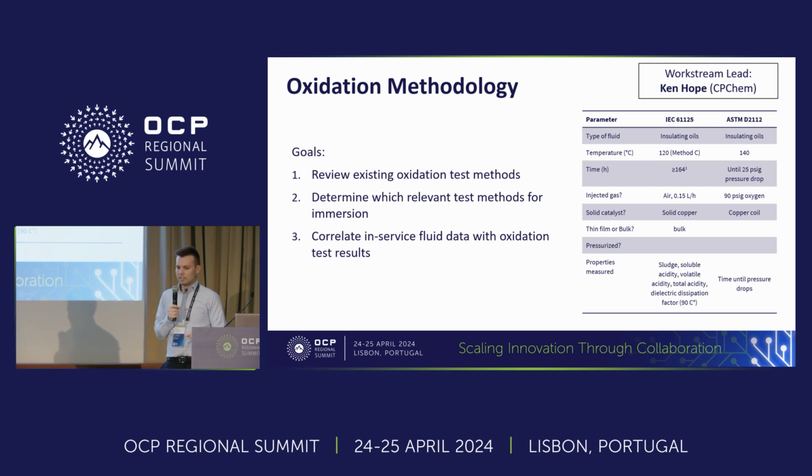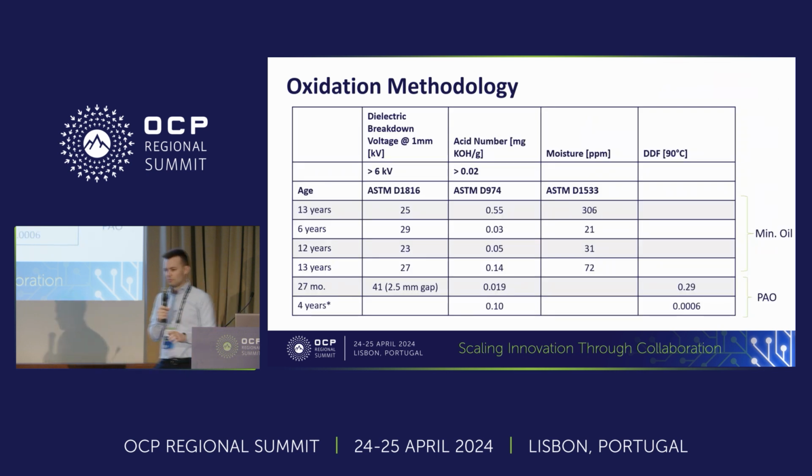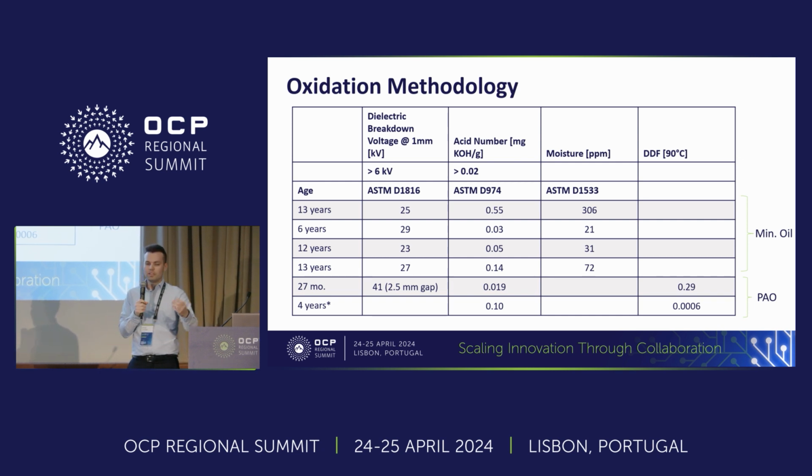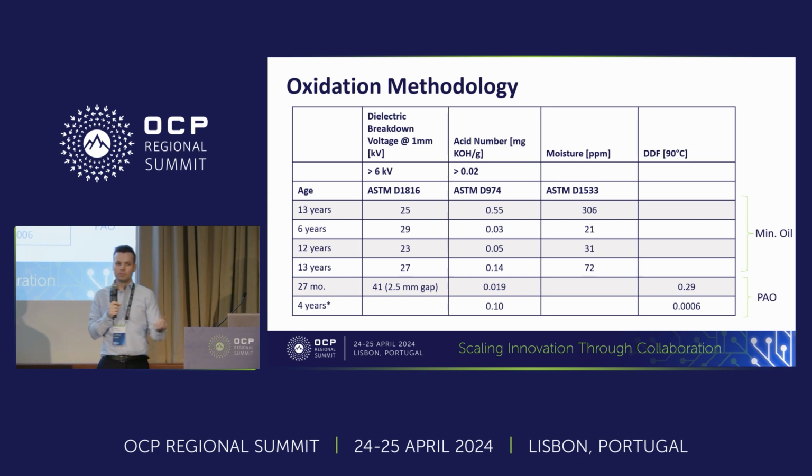We have started to get in some data from real deployments, and we're trying to actively correlate that to some of the test results. I don't normally like putting tables like this on a slide, but it's just to give you a snapshot of the exercise we're doing right now, reaching out to some of the immersion cooling vendors to get samples of their fluids, to then look at how they're tracking along.